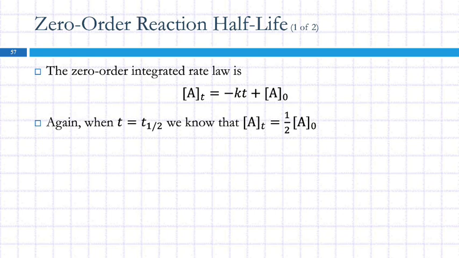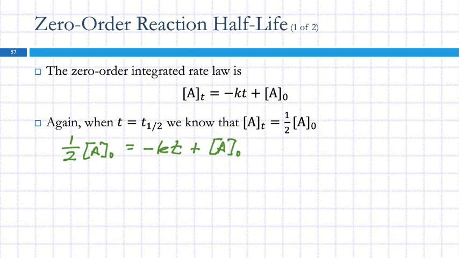For the 0 order, same strategy here. At equals 1/2 A0. That's not a very nice one. I want to get the kt by itself. I'm going to subtract A0 from both sides. And I think about that, and it's like, that's going to get a little messy.